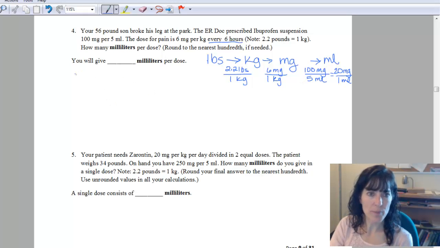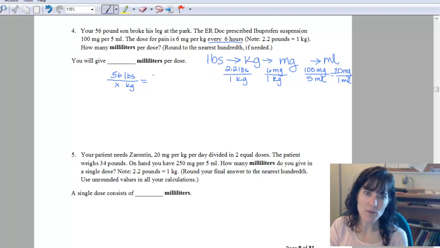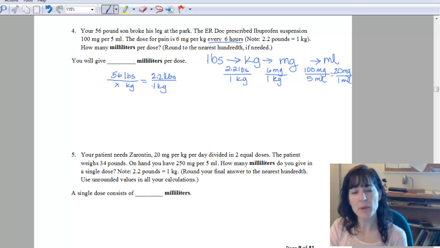I know back here I have 56 pounds, and I want to know how many kilograms. So I'm going to need to have a conversion fact, which I wrote in order here for myself. So I have 2.2 pounds over 1 kilogram. And then I'm looking at my denominators. It's x and 1, and so I can just multiply both sides by 1 times x, or x.